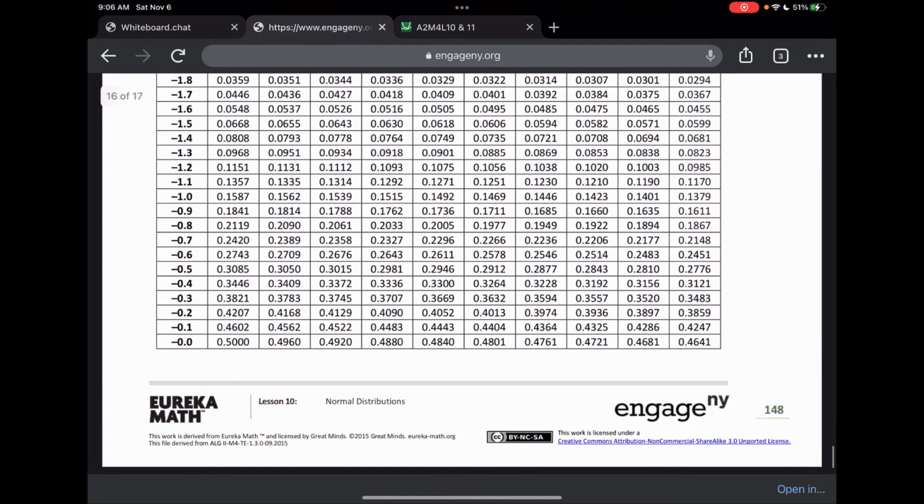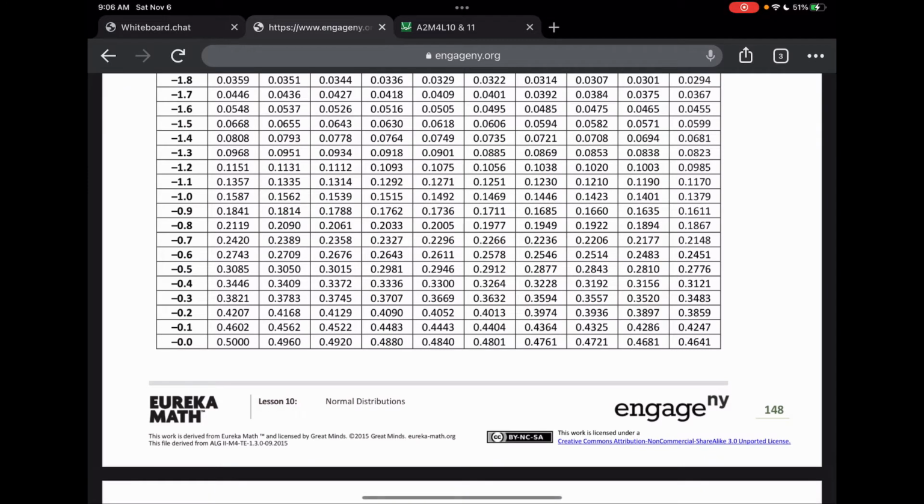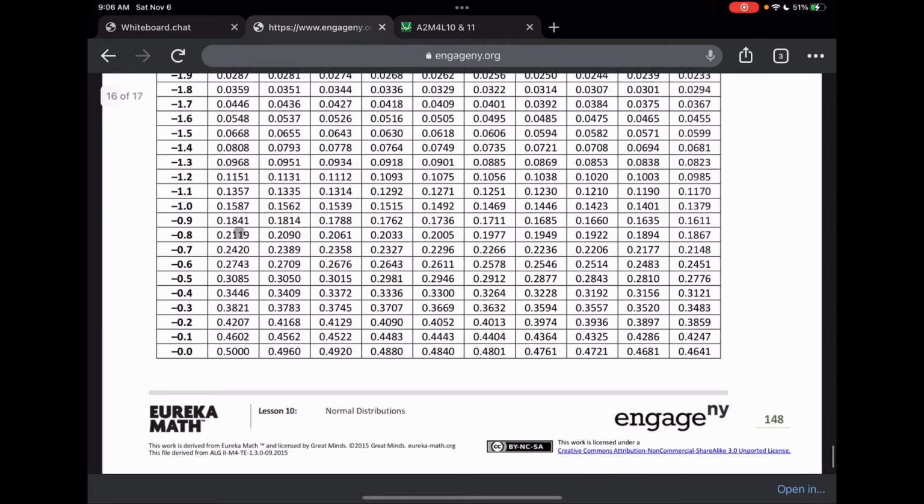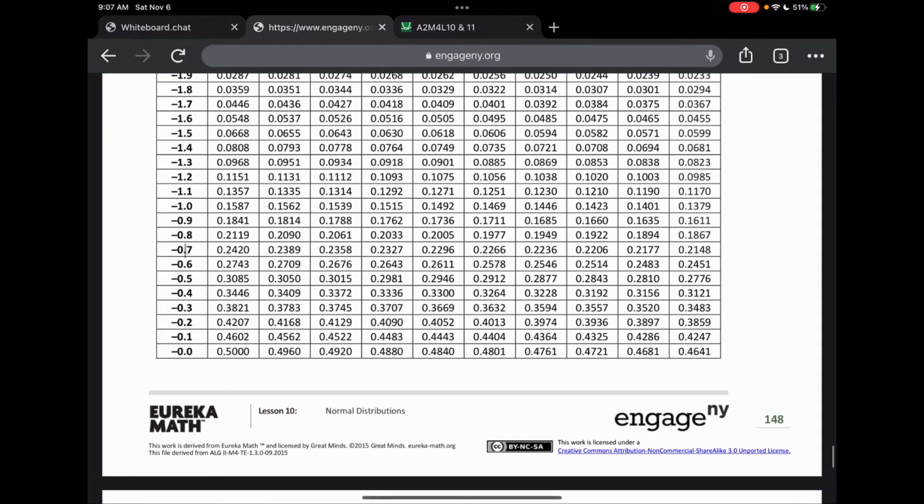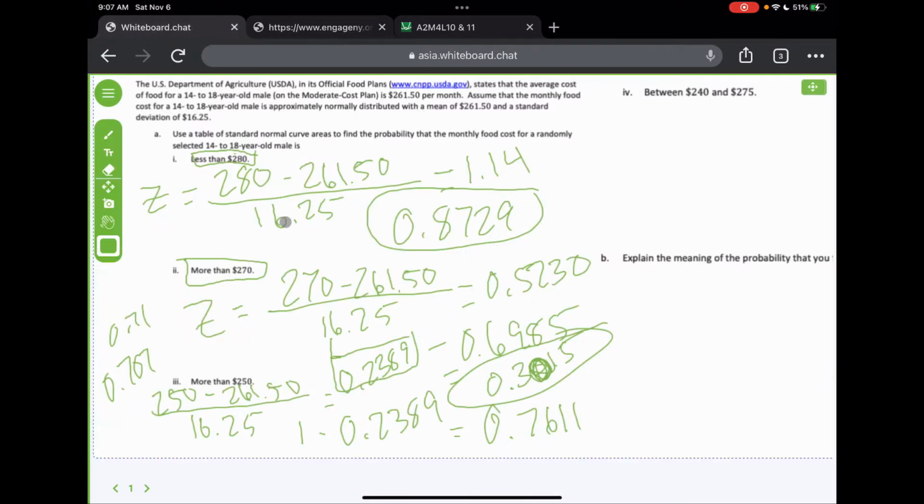So if we go up here to 0.71, which is that 0.2389, okay? Because this is 0, 0, this would be 0, 1. So negative 0.71 is that. That equals that. This is the z-score. And now this is the probability.